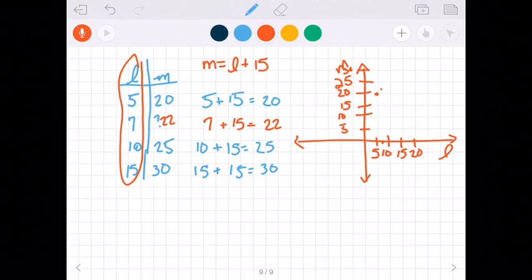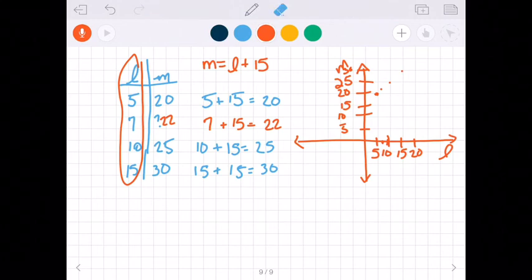We just estimate on these. When L is 10, M is 25. That's pretty easy to see. And when L is 15, M is 30. Whoops, I did not mean to make that line there. There's my 30. I'm going to erase that line.